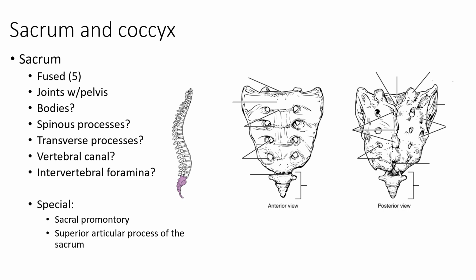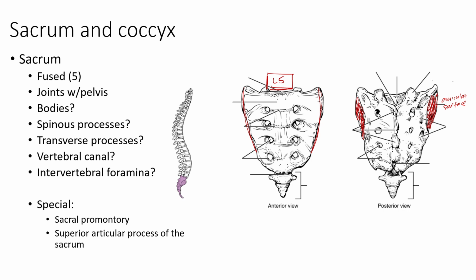So first of all, your sacrum forms a joint with L5 up here and with your pelvis on the sides. On this flat-ish, rough area, those are called your auricular surface, and those form the joint with your ilium.